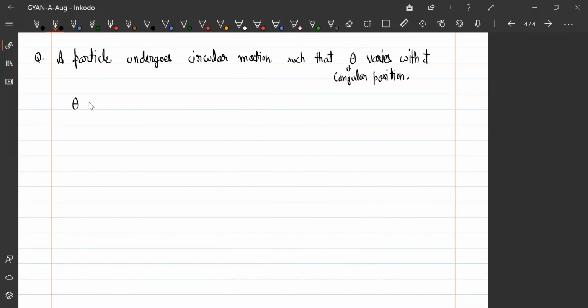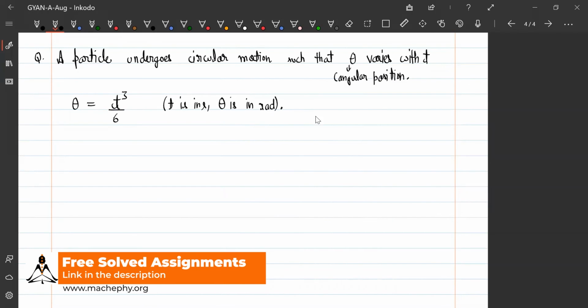Theta varies with time given by this relation. Theta is equal to t cube by 6. Okay, t is in seconds and theta is in radians.